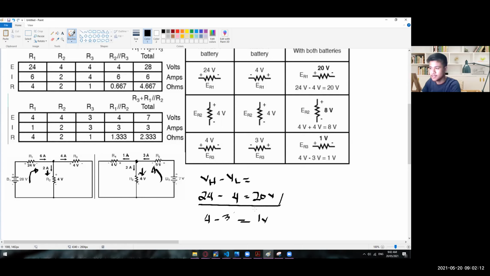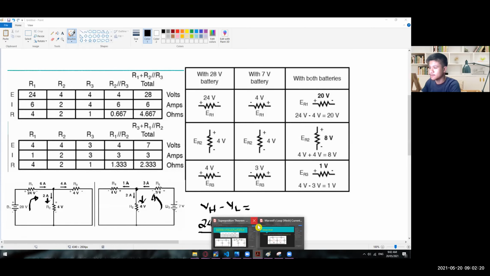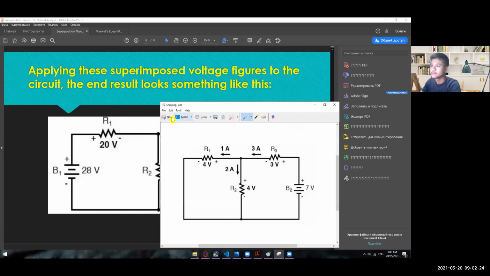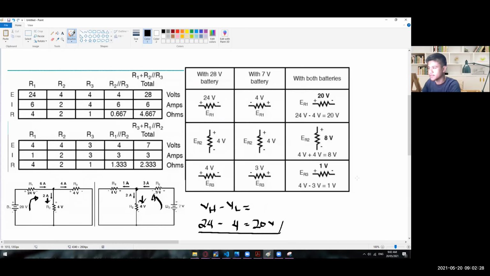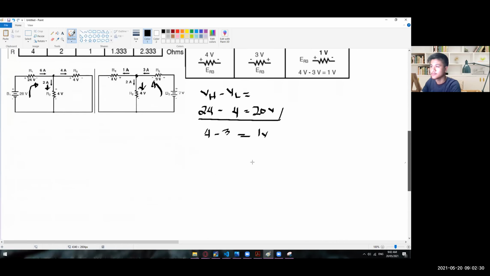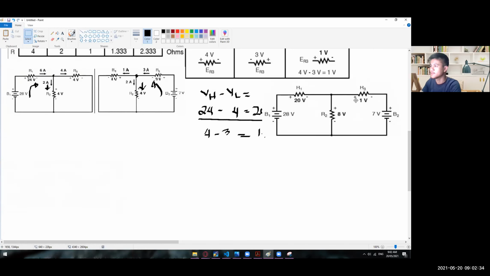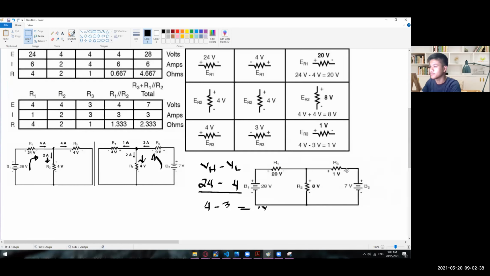Okay, so these are now the final values for our R1, R2, and then R3. If you are going to get the final circuit for the voltages, we have this one. Let me just shrink this one and fill it right here.